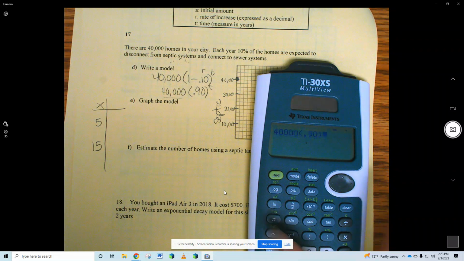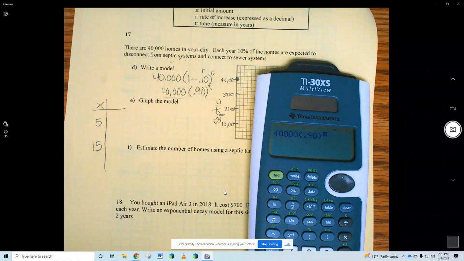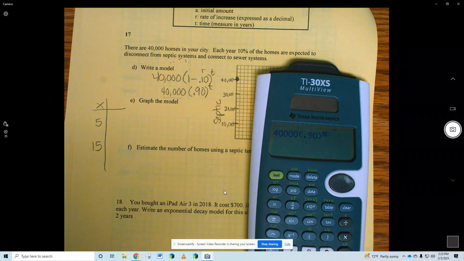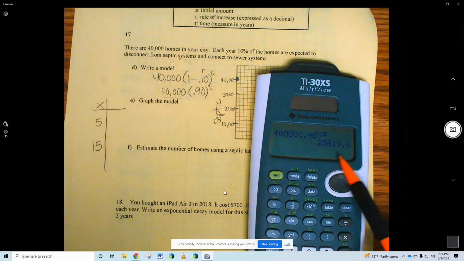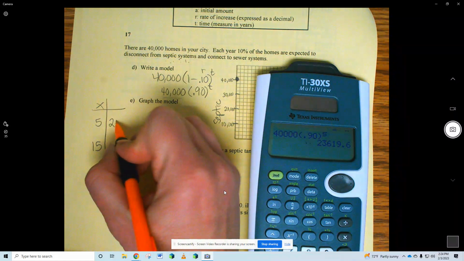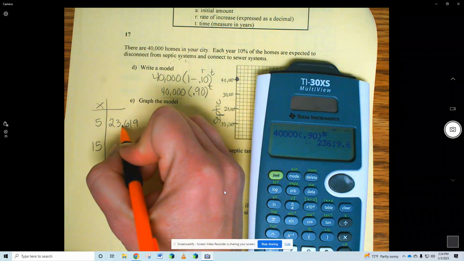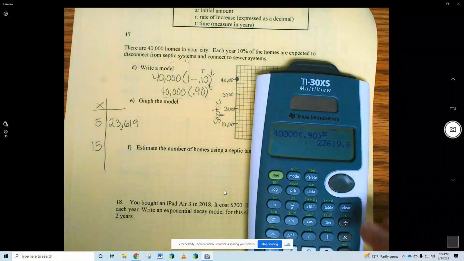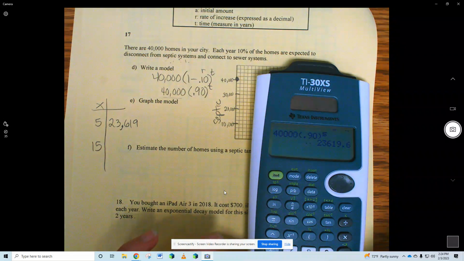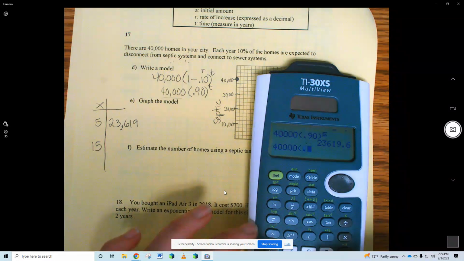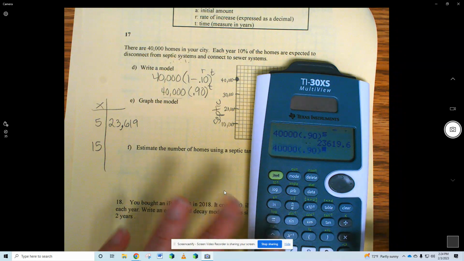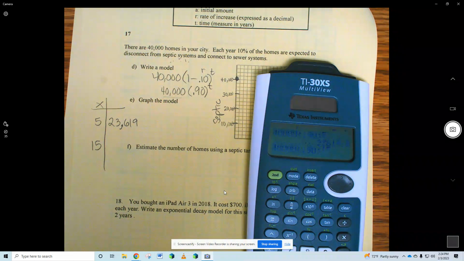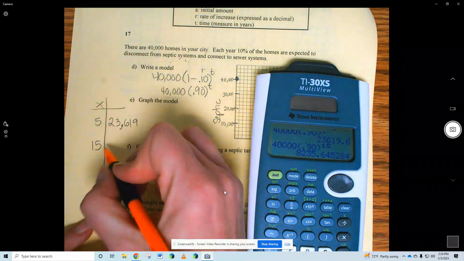You cannot do this on a basic calculator or if you're trying to use your cell phone. 5 years. How many? Only 23,000 have septic tanks. Then 15 years. That would be 8,000.